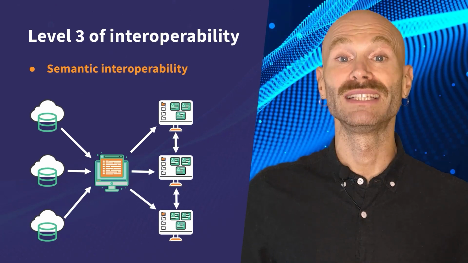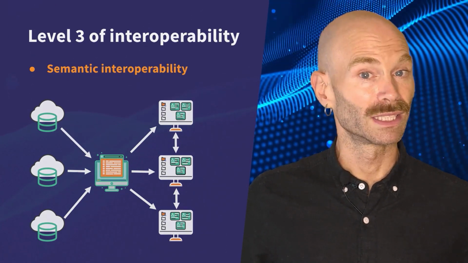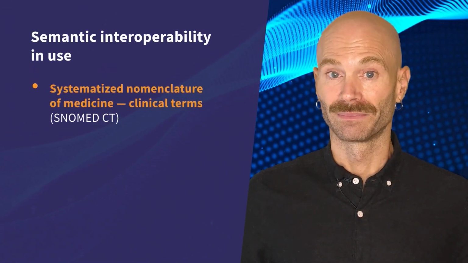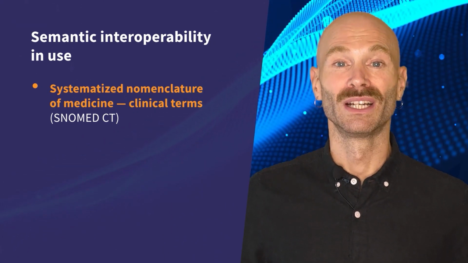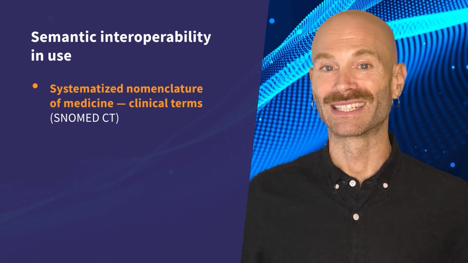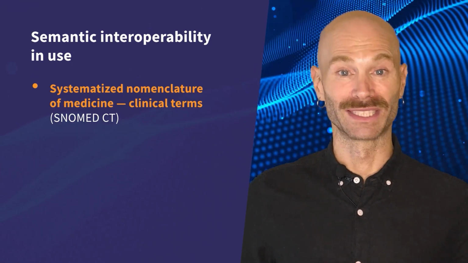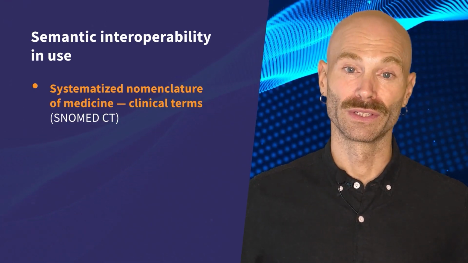Semantic interoperability is the domain of medical terminologies, nomenclatures, and ontologies, like SNOMED-CT, which stands for Systematized Nomenclature of Medicine Clinical Terms, and includes clinical findings, procedures, substances, and organisms, among others.